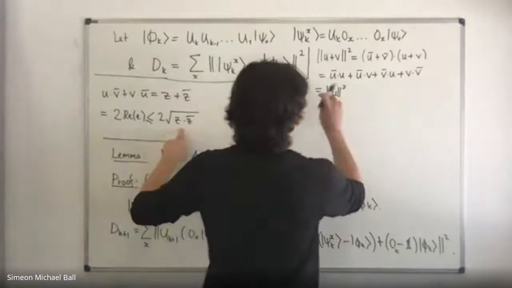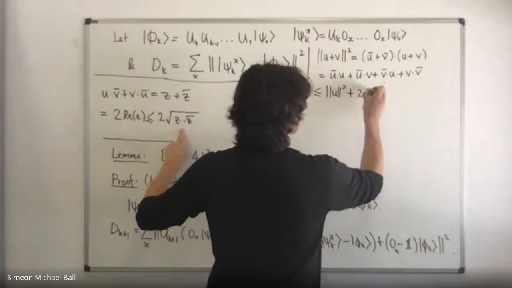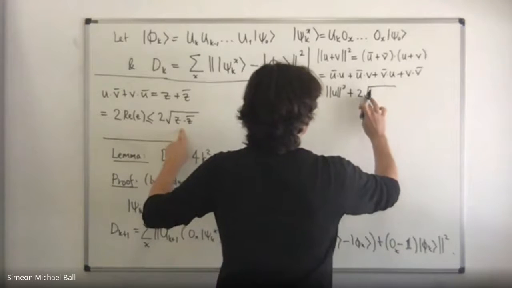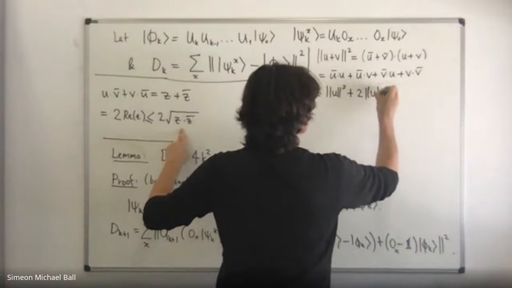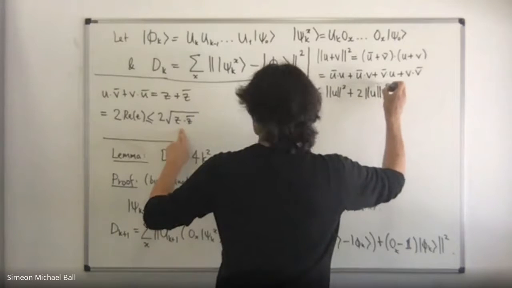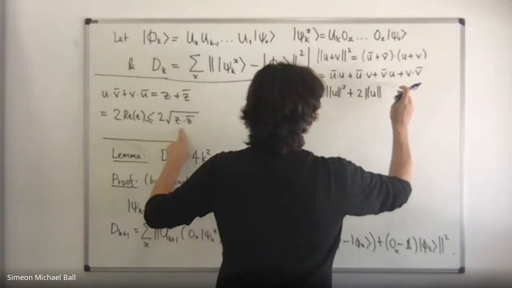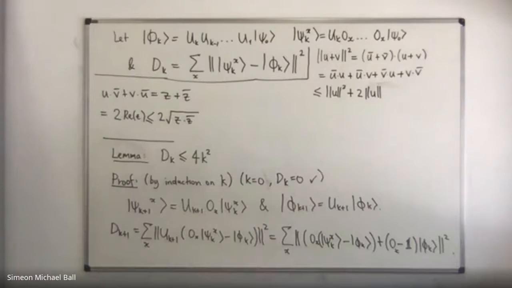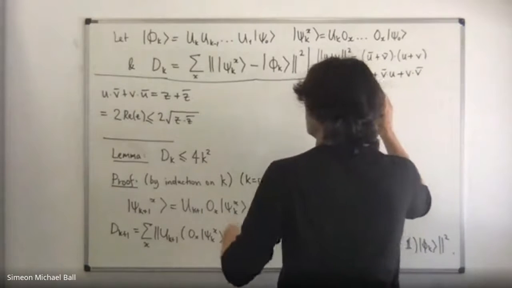So this is in fact less than or equal to this plus twice the norm of u dot v.